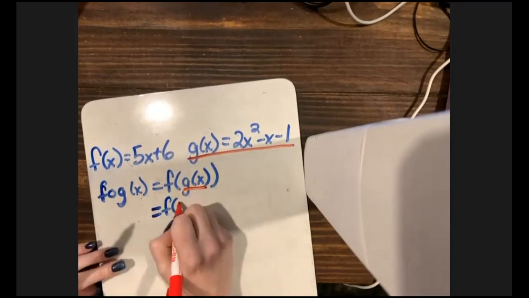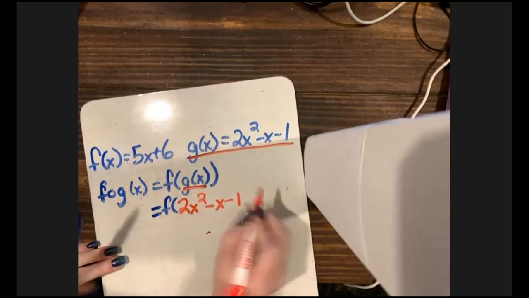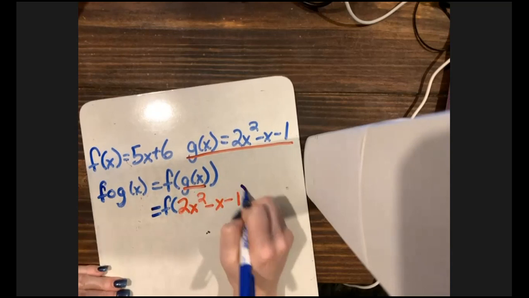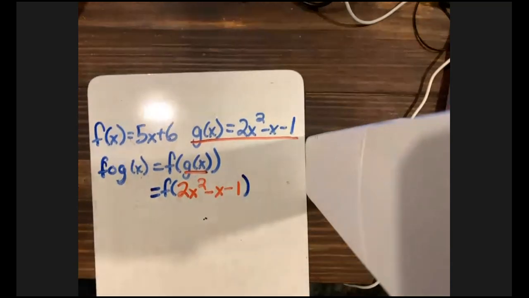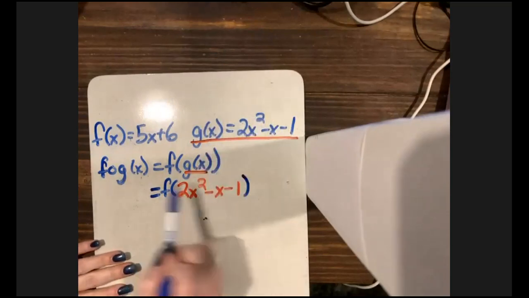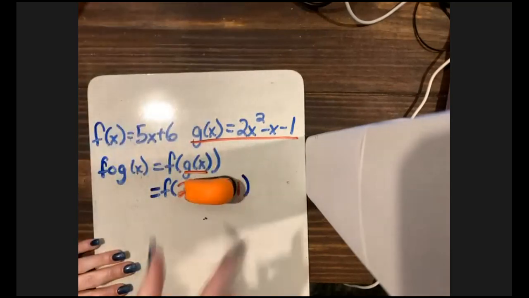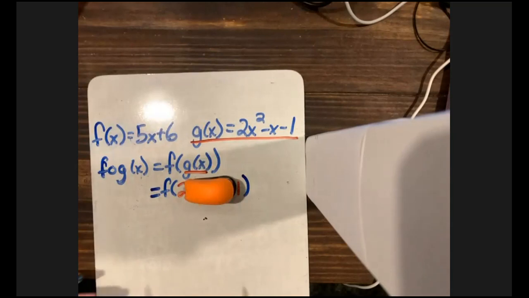I'm going to again use some color here. So now we are literally taking this g of x function and plugging it into f. Now I'm going to use a little bit of blocking here just to help us out. That's now my orange stapler.